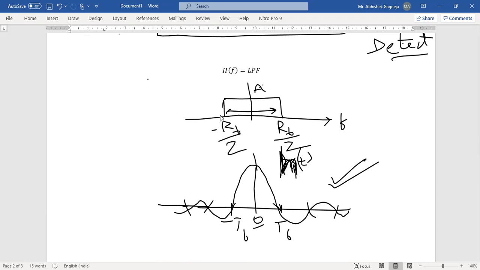So the sacrifice of bandwidth, what it says is that let's stick to the idea of eliminating intersymbol interference, but let's try to reduce the restriction on the bandwidth. That is, use a little bit of excess bandwidth.